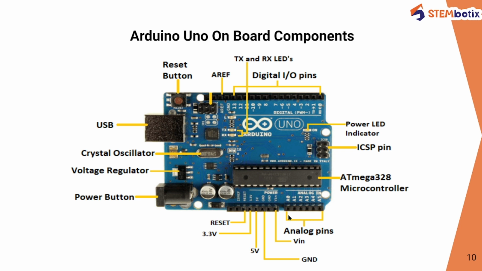After that, we have analog pins. These are the six analog pins numbered from A0 to A5. So the Arduino Uno board has 6 analog input pins. These analog pins are only input pins, from A0 to A5.